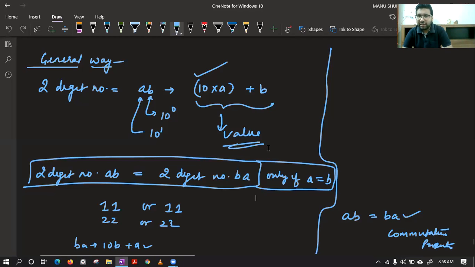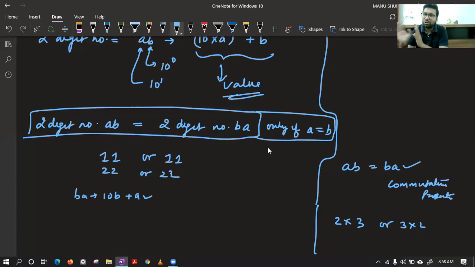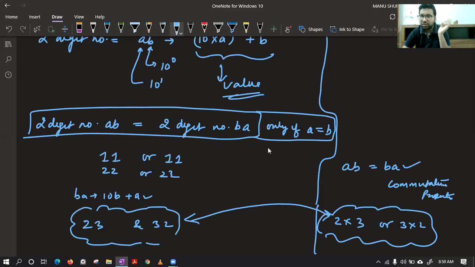For example, if I take 2 into 3 or I take 3 into 2, I will get the same answer, no issue. But if the numbers are 23 and 32, can you say they are the same? Ananya, please tell me. These are two conditions. You are talking about this condition. I am agreeing it is correct. But can you say this is also correct? Are they equal?